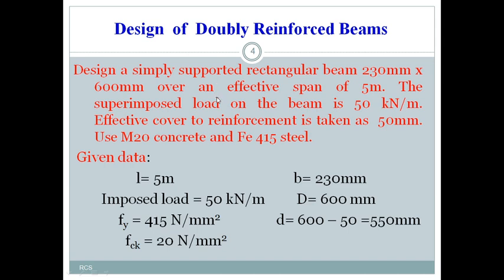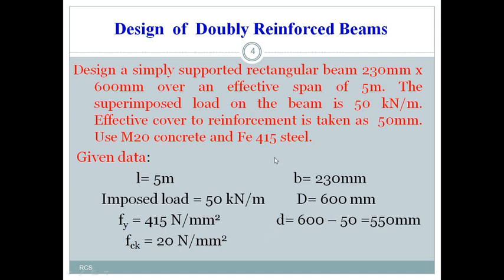So with this data we have to write down the data provided here. Effective length L equals 5 meters, imposed load, that is live load, equals 50 kilonewton per meter, fy is the characteristic strength of steel, that is 415 newton per mm square, and fck is the characteristic strength of concrete, M20 grade, that is 20 newton per mm square. The width of the beam given is 230 mm and the overall depth is 600 mm.